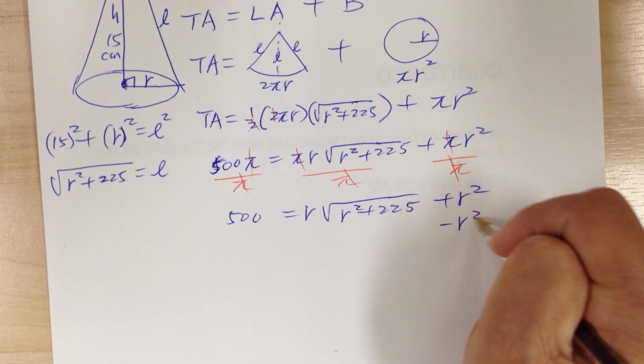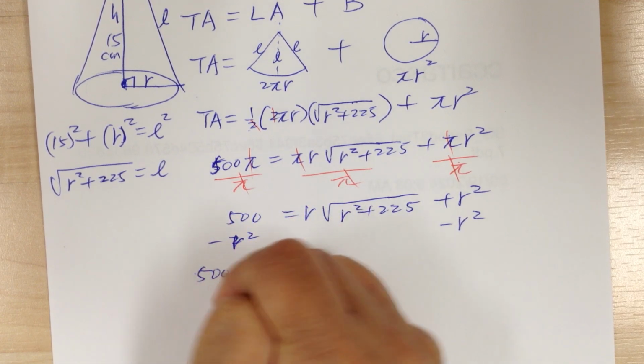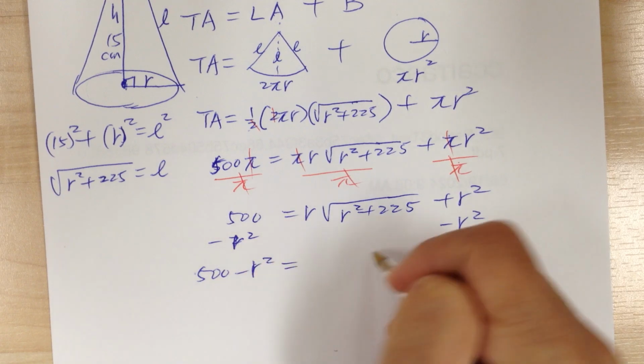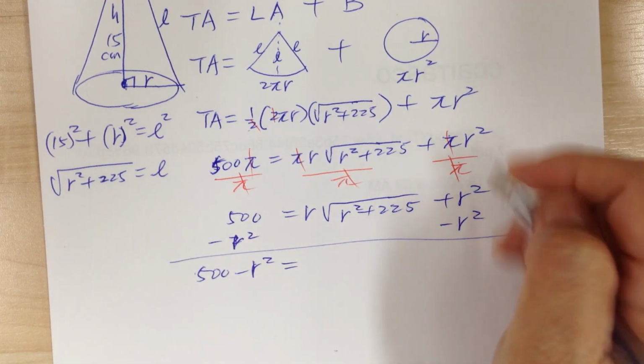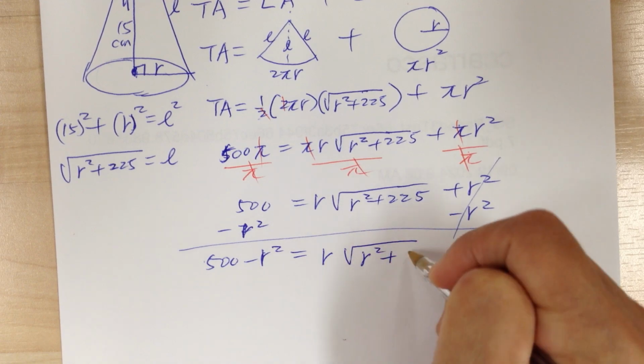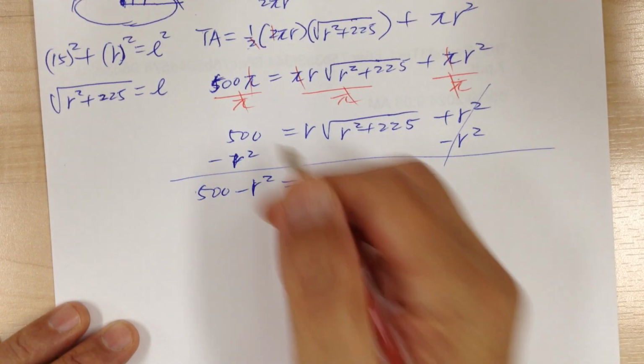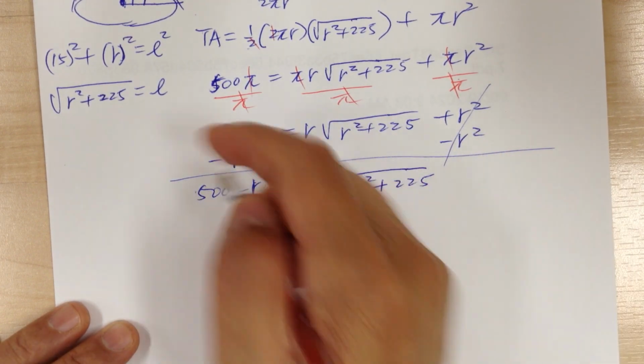So we subtract r squared on both sides. We got 500 minus r squared equal to r times the square root of r squared plus 225. Then we need to square both sides to get rid of the square root.